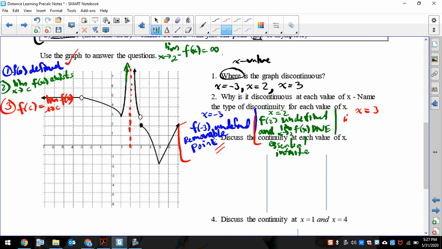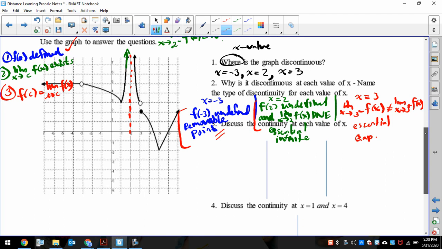So we could say the limit as x goes to 3 from the left of our function does not equal the limit as x goes to 3 from the right of our function. So this is a little plus up here. So the left doesn't equal the right. And then this is also an essential discontinuity. And you could just say gap. A gap is another way that you could describe it.